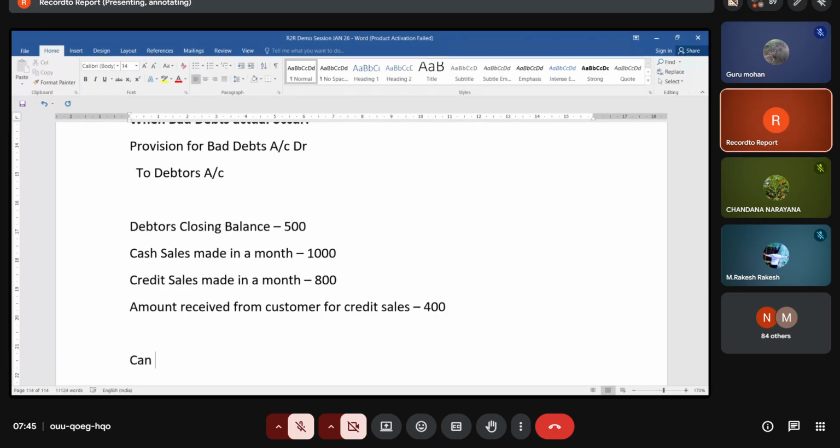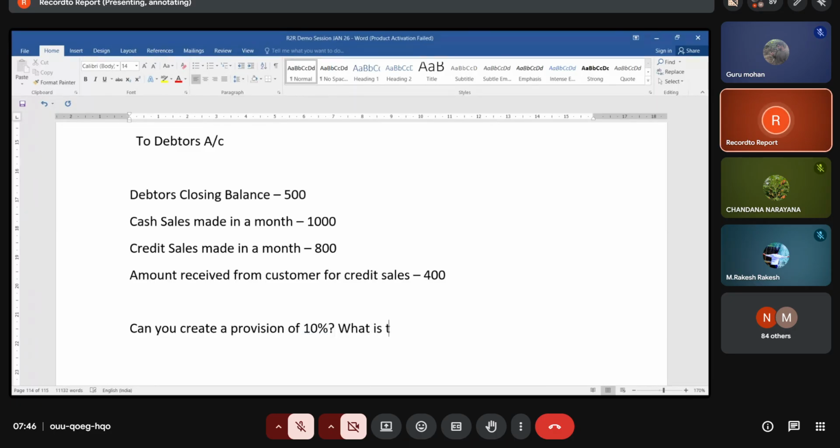Can you create a provision of 10%? What is the amount? The same question he asked, guys.